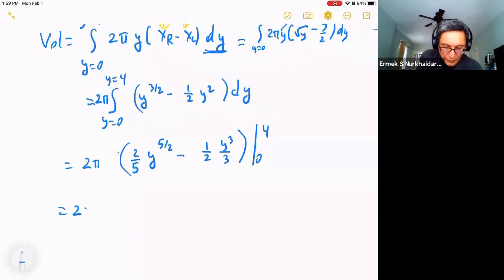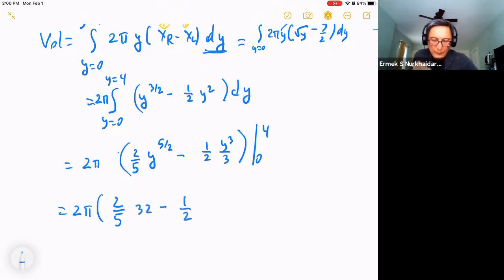The square root of 4 is 2, and 2 to the 5th is, I want to say, 32. Four cubed is, I want to say, 64.